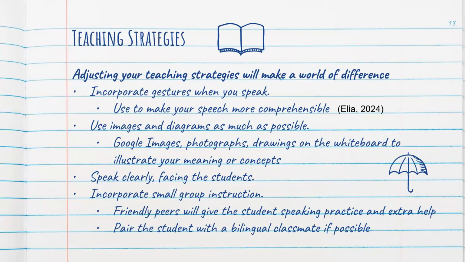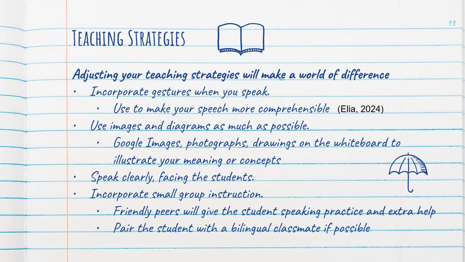So starting with some teaching strategies. When you get a new student that does not speak any English, just adjusting your teaching strategies will make a world of difference. One thing that you can do is when you are speaking, incorporate gestures, point to what you mean.